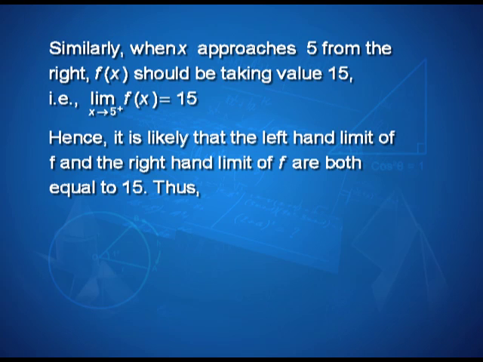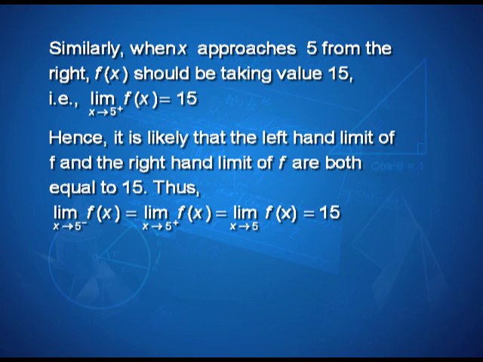Hence, it is likely that the left hand limit of f and the right hand limit of f are both equal to 15. Thus, limit of f of x when x tends to 5 minus is equal to limit of f of x as x tends to 5 plus is equal to limit f of x as x tends to 5 is equal to 15.